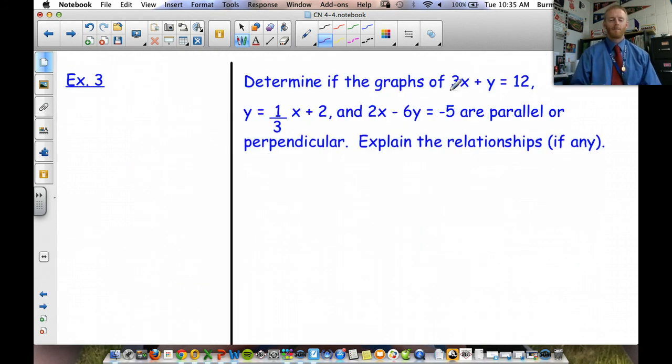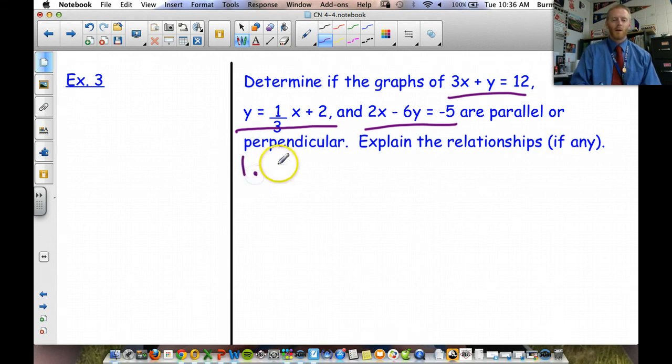One more time here. Our job is to determine if any of these equations have a relationship that is parallel or perpendicular to each other. So step number 1, put them into slope-intercept form. We're going to sift them, and then we're going to look at the slopes.